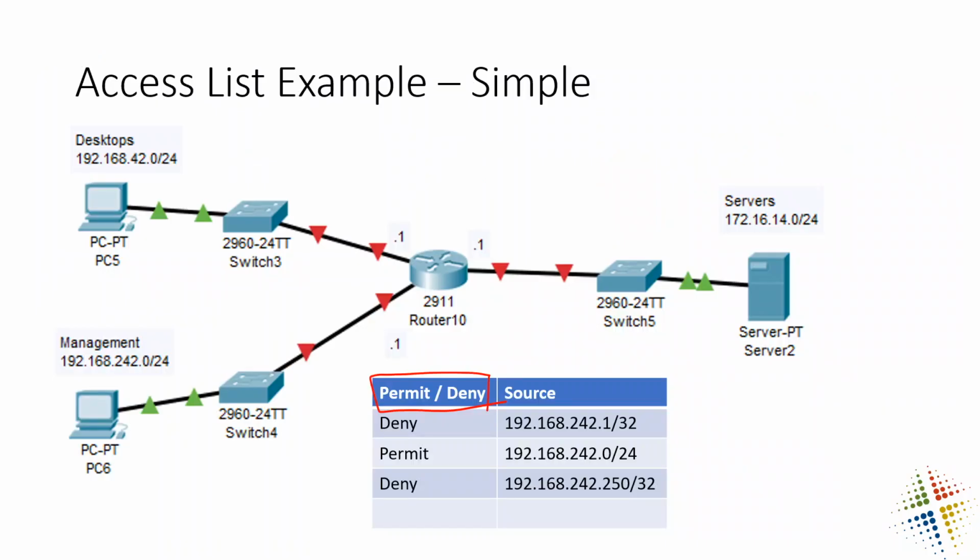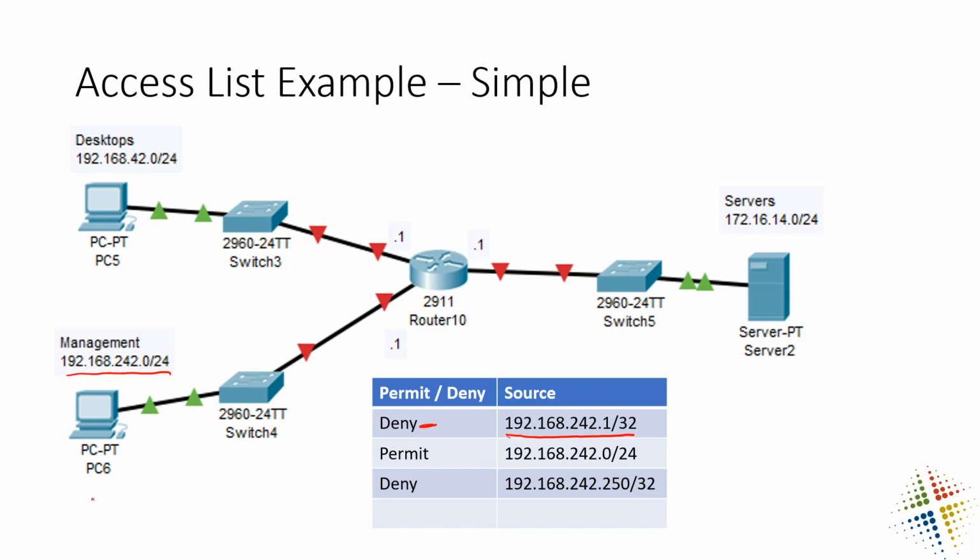All right. So here we have both a permit and a deny, and we see there's a deny specifically for 192.168.242.1/32. Now, I won't go too far into subnetting at this point, but the /32 means one specific host, the one with the .1 IP address. 192.168.242, that's this network right here.